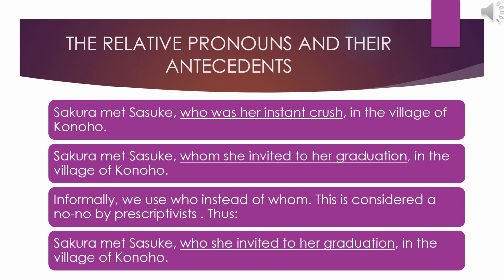Let's check the other example. Sakura met Sasuke, whom she invited to her graduation in the village of Konoha. As you can see, both sentences are pretty similar. Now I am using whom, which means that the antecedent is a person, but it means that the relative pronoun is not acting as the subject, it's acting as a sort of object.